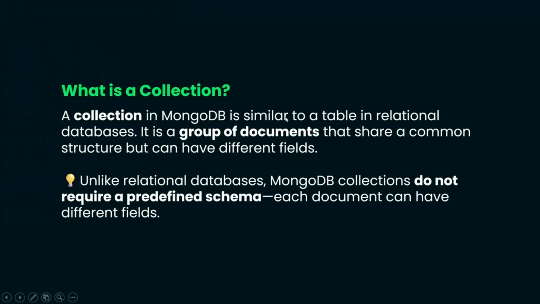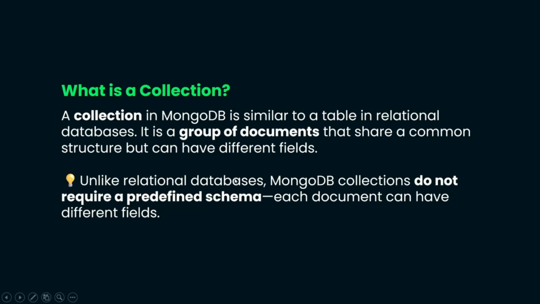A collection in MongoDB is similar to a table in a relational database. Basically, a collection is a group of documents that share a common structure, but it can also have different fields. So just like how we have tables in a relational database, in the same way, we have collections in a non-relational NoSQL database like MongoDB.